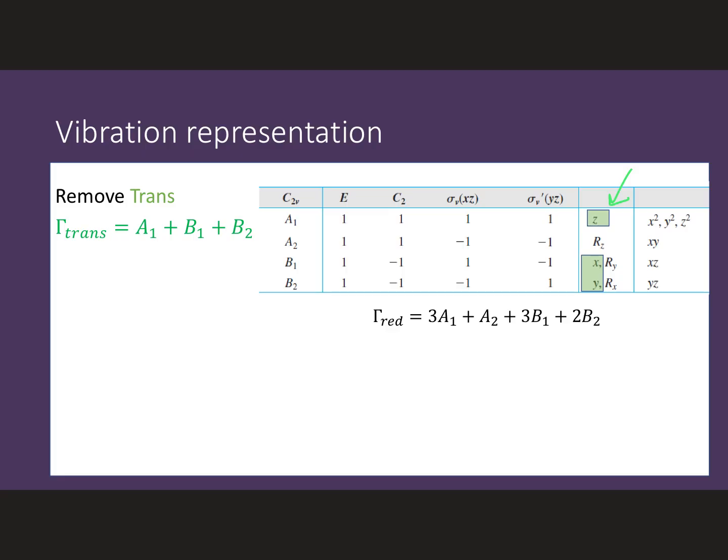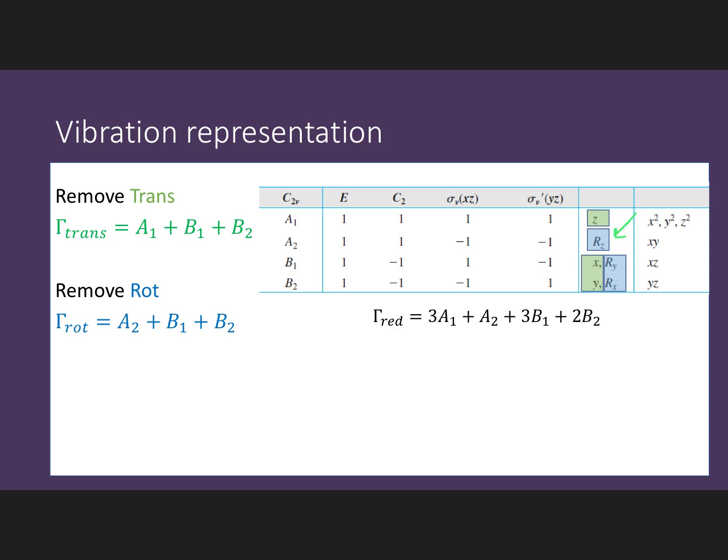But what that means is if I look at how a z translation looks, for example, it would be an A1 symmetric mode. In other words, by translating it along the z-axis, no matter how I do that, that would have an A1 irreducible representation. Next, we can remove the rotational degrees of freedom.